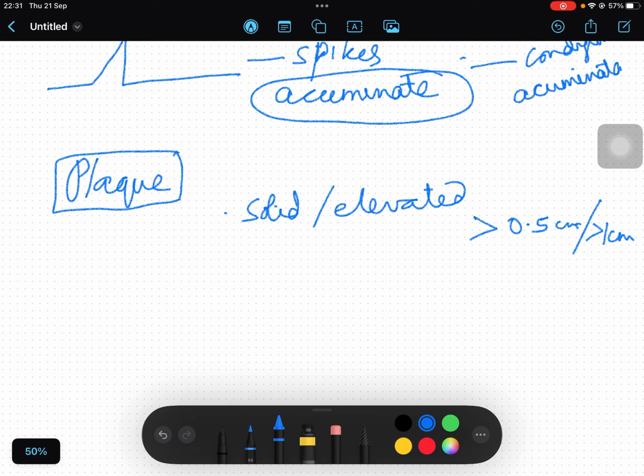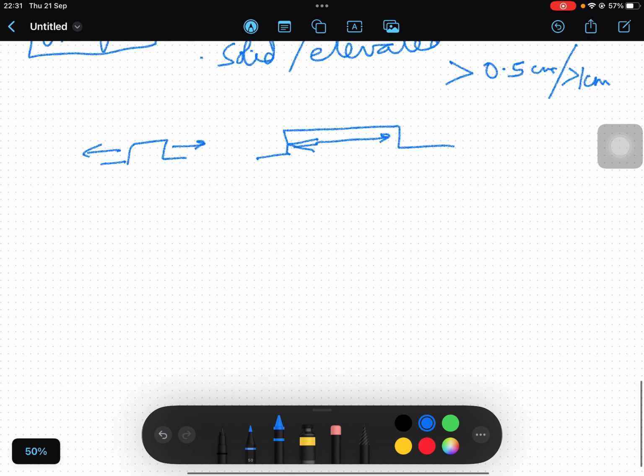So when a papule enlarges, if it becomes larger with a flat base, we call it a plaque.